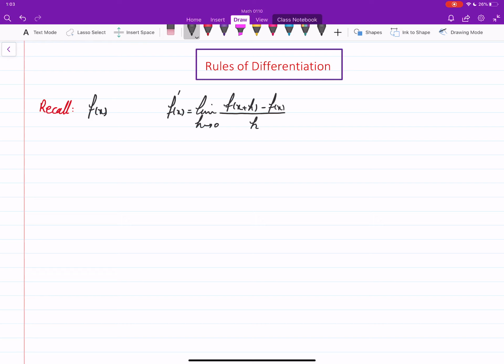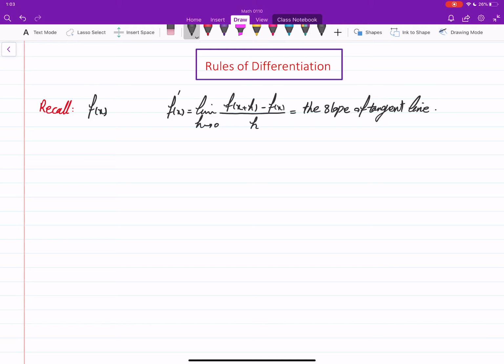The derivative of a function at that point has a nice geometric meaning. It is the slope of the tangent line, or the slope of the graph.